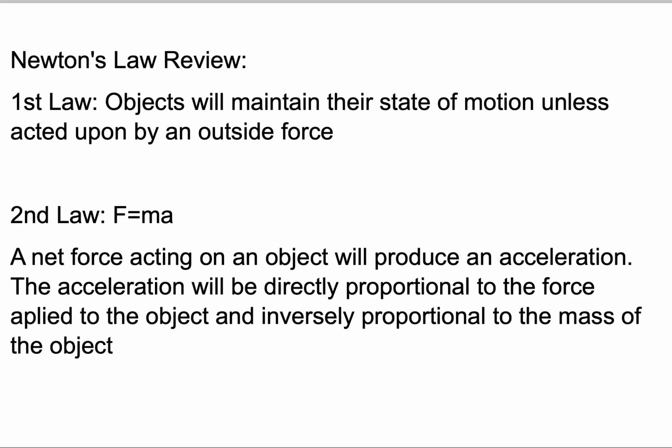And that outside force has to be a net force other than 0. Then Newton's second law is just force equals mass times acceleration. So if I have a net force acting on an object that's not 0, it produces an acceleration, and the acceleration is directly proportional to the force and inversely proportional to the mass.